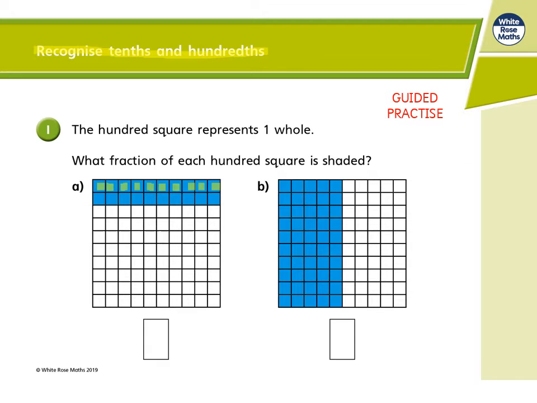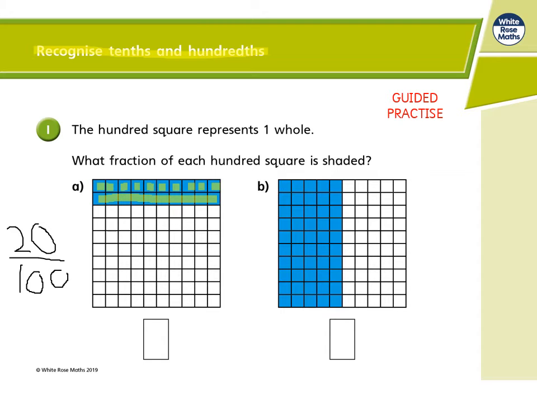So I know that there'll be another 10 equal parts shaded in my second row. So I have a total of 20 equal parts shaded out of a total of 100.